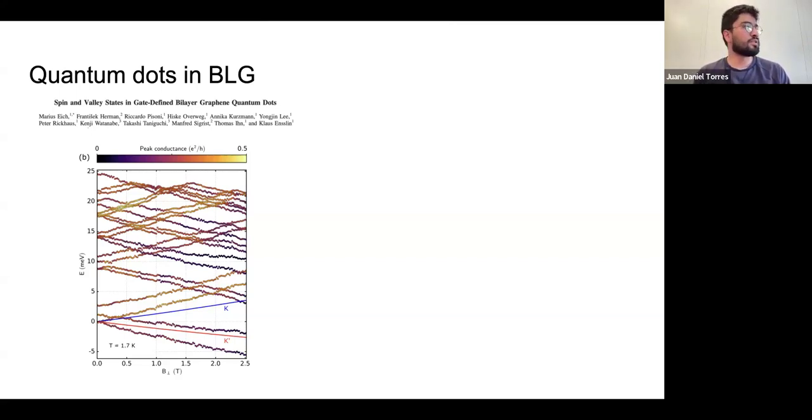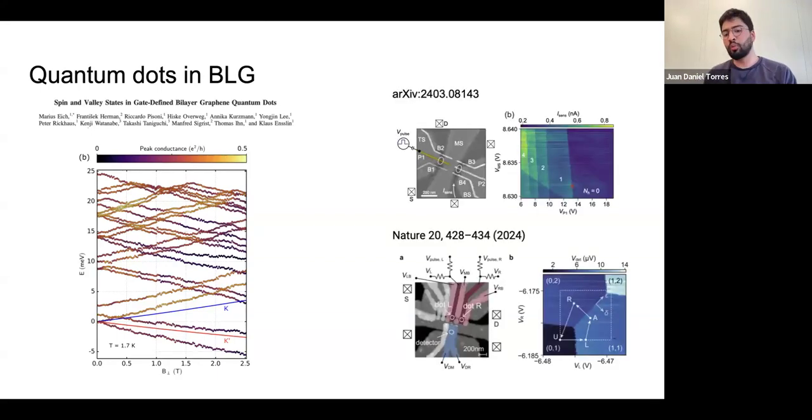This is recently very interesting because some works have found that you can have long-lived states in quantum dots in bilayer graphene. These can be either valley states, spin states, or a combination in the so-called Kramers qubits that appear in these devices. And it's interesting because the relaxation times that have been found there are quite long. So that is something that brings interest to these devices.